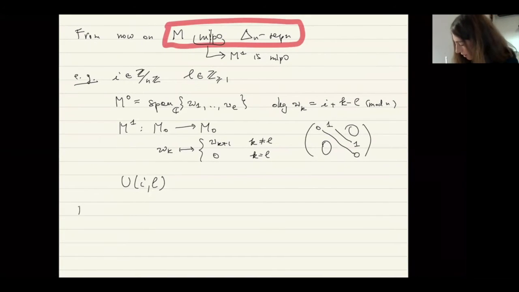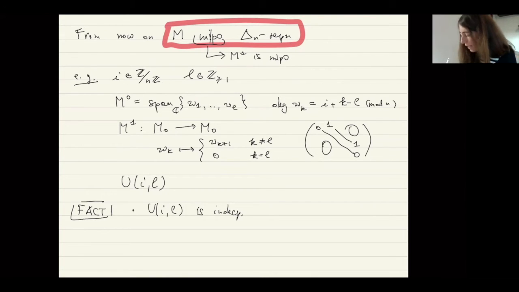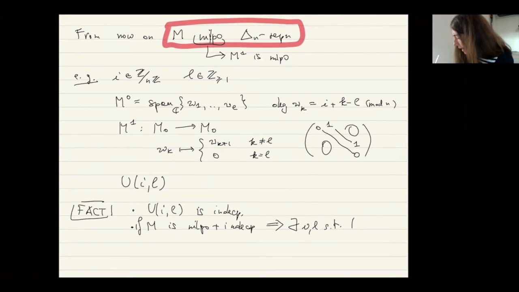And our fact is that it is not only one nilpotent representation of delta n, it is indecomposable. And whenever I have an indecomposable nilpotent M, then there exist i and L such that M is isomorphic to U_{i,L}.